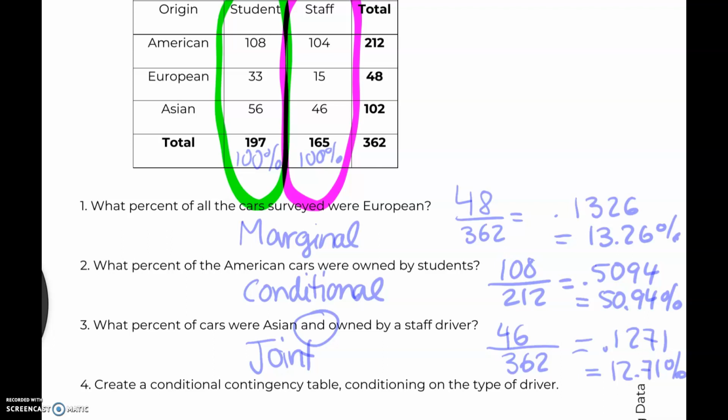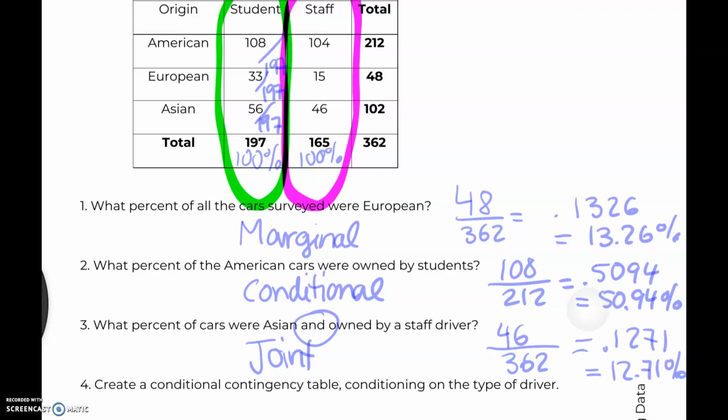For students we take 108 divided by 197, the 33 divided by 197, the 56 divided by 197, and those percentages are all going to add up to 100%.